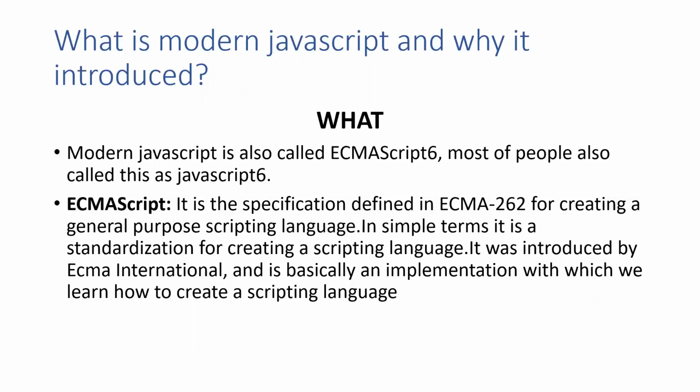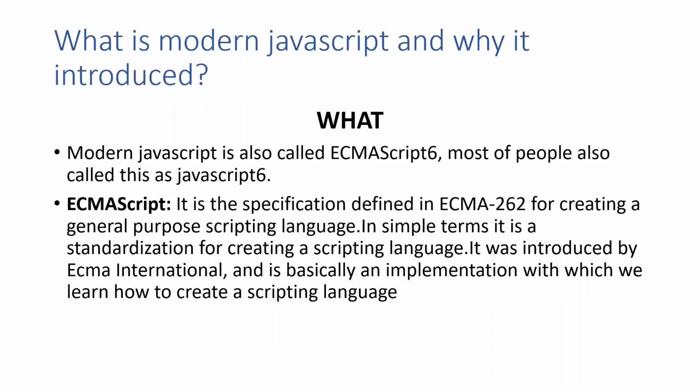Okay, so let's understand what this JavaScript is. Basically, this JavaScript is also called the ECMAScript 6 version, or most people also call it the JavaScript 6 version. This version was launched in 2015, and it was introduced by ECMA International. Basically it's an implementation with which we learn how to create a scripting language.